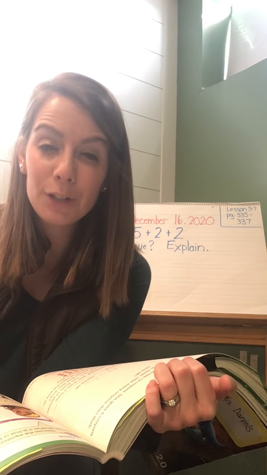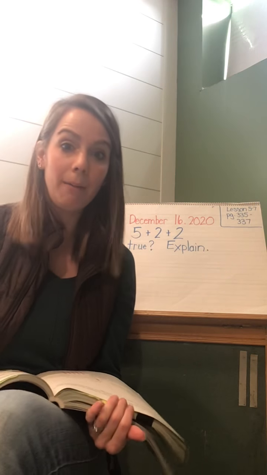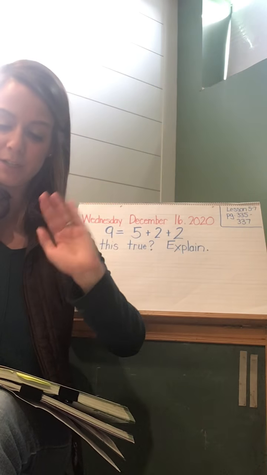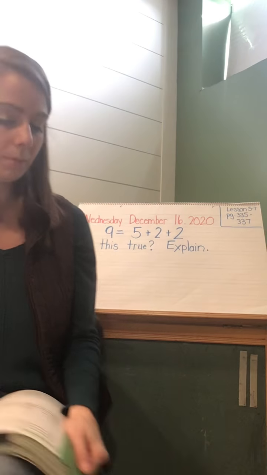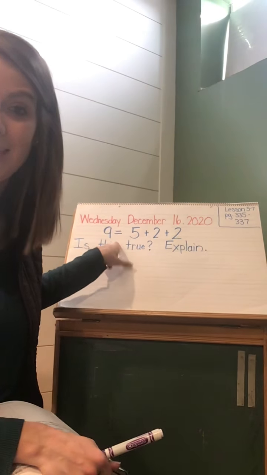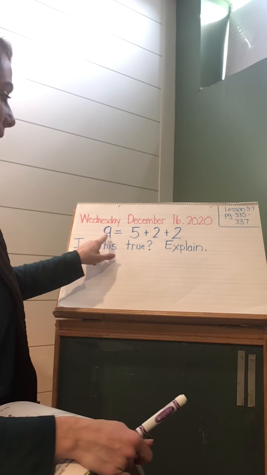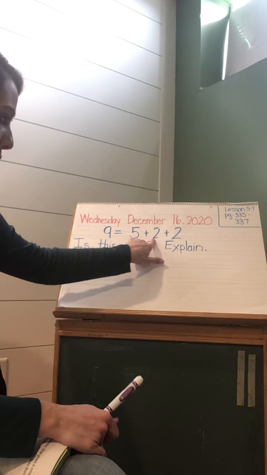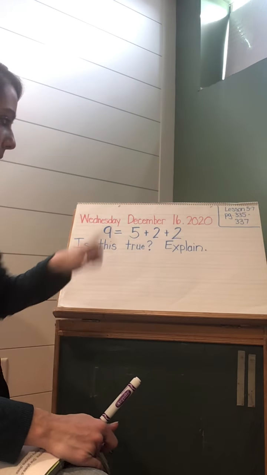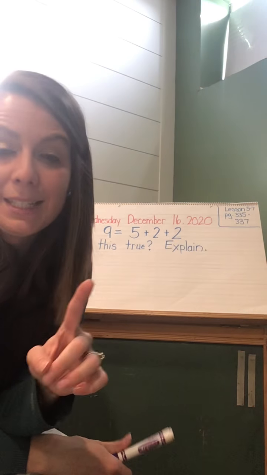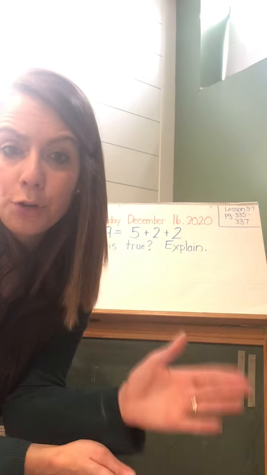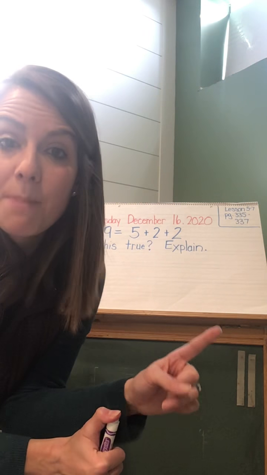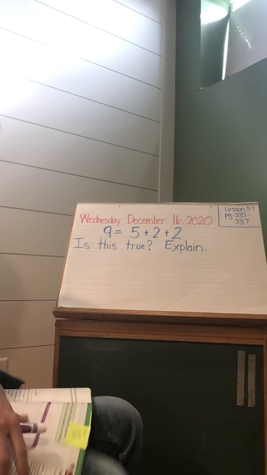So this part, since we don't have a partner, we can just talk about it with each other. Now this is the equation that they give me. They say that 9 equals 5 plus 2 plus 2. So let's first decide if it's true, yes or no, and then we can tell how we know that, how we came up with our yes or no, okay?